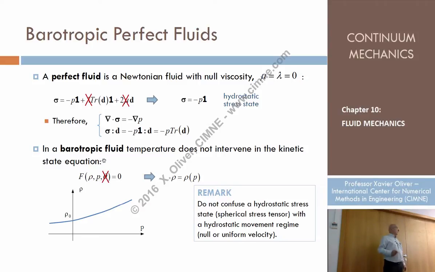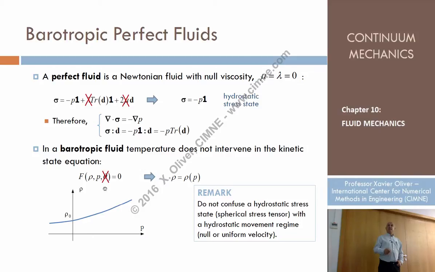Second, barotropic fluid. We already talked about that. A barotropic fluid is one in which the density is related to pressure in a one-to-one way, independently of the temperature. In a general context, this is not like that. There is an equation that we call the kinetic state equation, which relates density, pressure, and temperature.